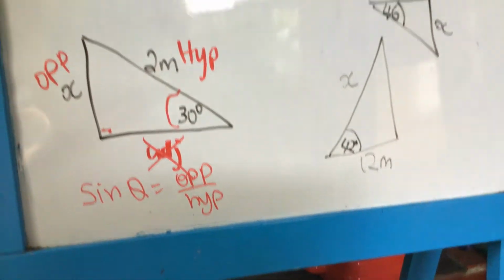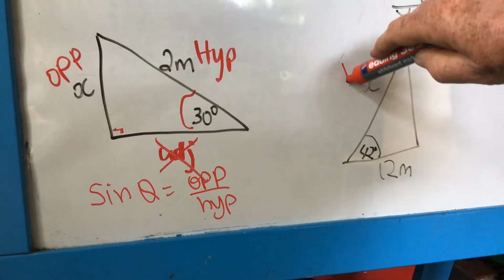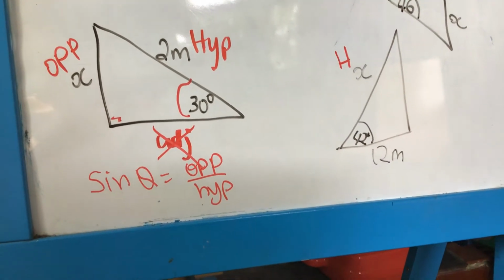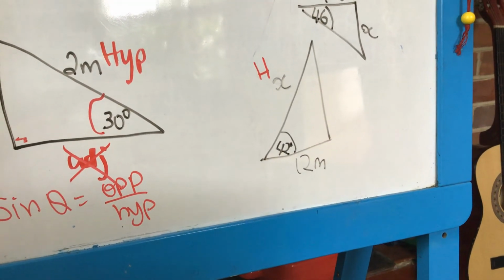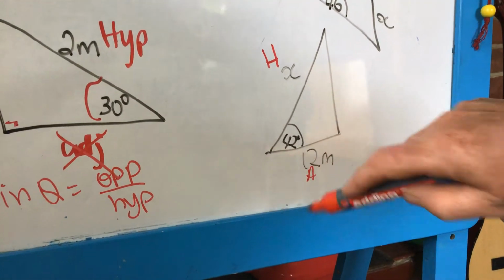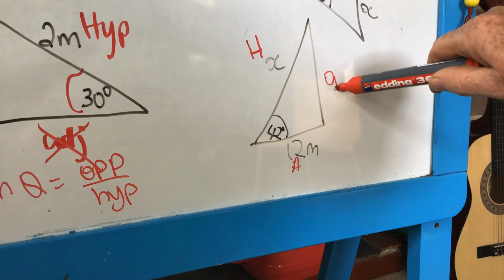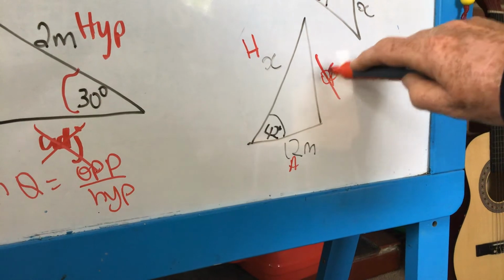In our second triangle, x is straight across from our 90, so x is the hypotenuse, isn't it? The 12, is it adjacent to our angle, or is it opposite the angle? Well done, it's adjacent. And opposite our angle is over here. We've got no numbers on there, it's not our question, so we're not going to use it.